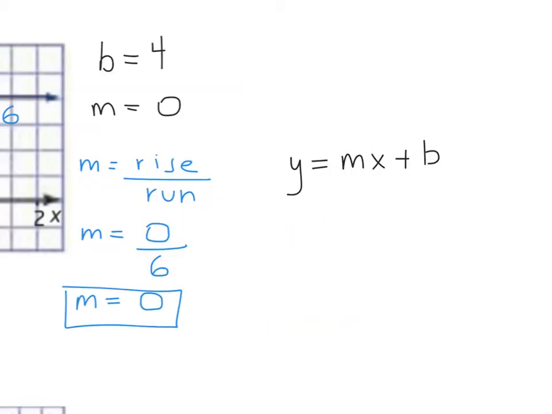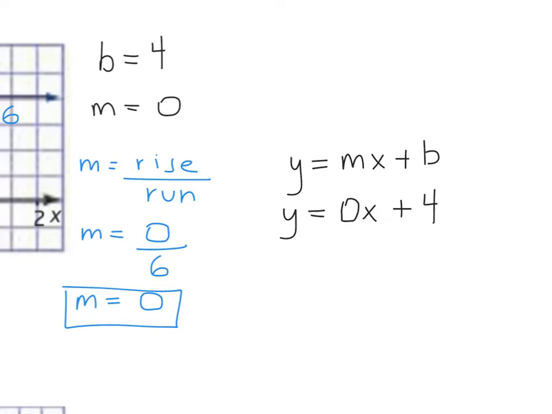So now that we know the slope and the y-intercept, we can go ahead and determine our equation. We keep the y, we keep the equal sign. I'm going to put in my slope value, which was 0. Then I have the x, a plus sign, and then my b value of 4.